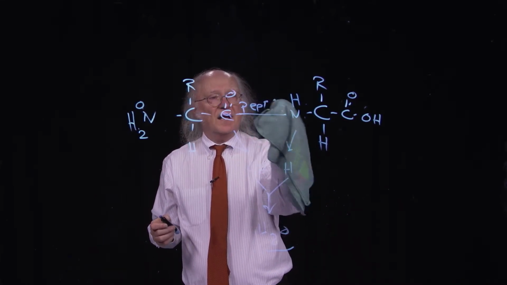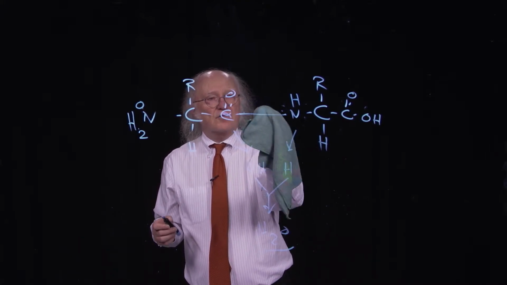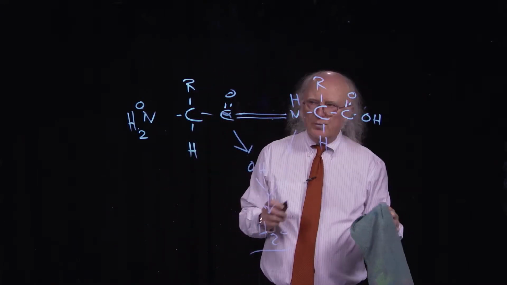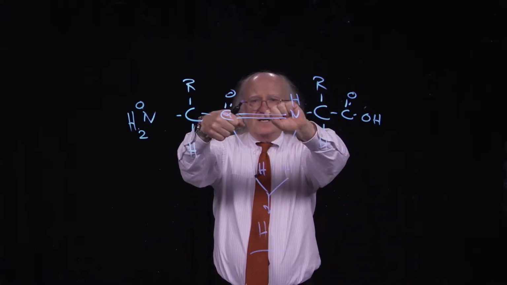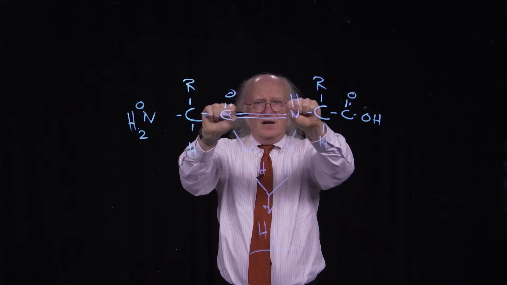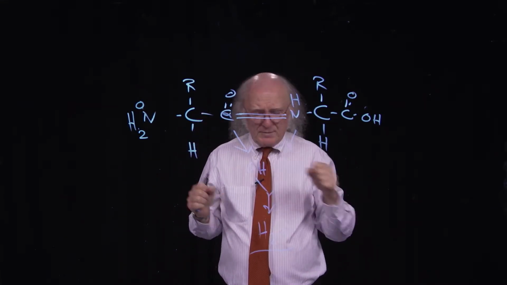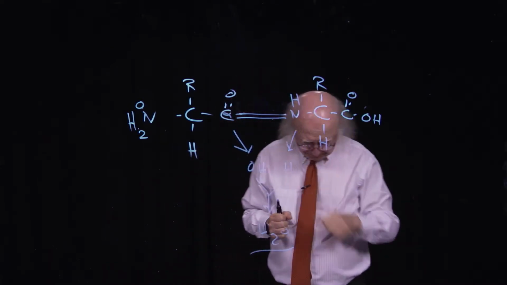The peptide bond has qualities arising from electronic resonance that make it behave part of the time as if it were two bonds instead of one bond. And when that happens, this double bond can't rotate. A single bond can rotate, a double bond is rigid, and this guy behaves, most of the time, as if it is a rigid double bond.